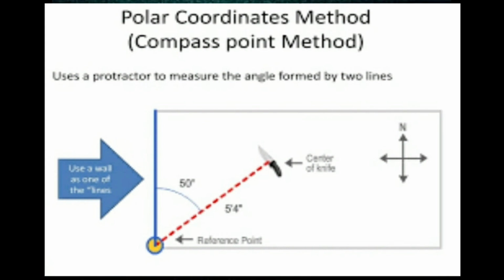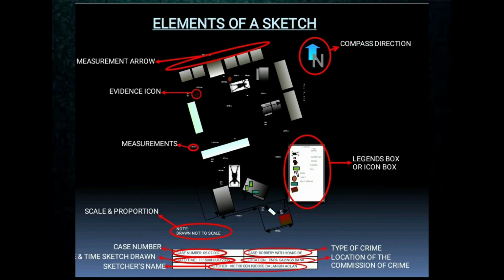So yung pong mga parts ng sketch, ladies and gentlemen, meron pong tinatawag na measurement arrow, no? Yung pong compass direction, yung pong evidence icon, yung pong specific measurements, no? Legend box or icon box na tinatawag. Sa finish sketch, ito po yung scale and proportion.